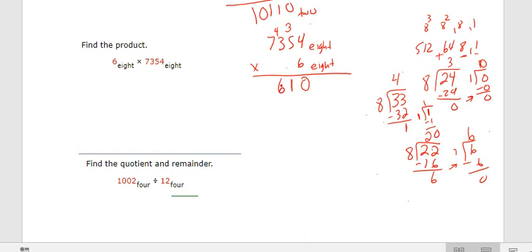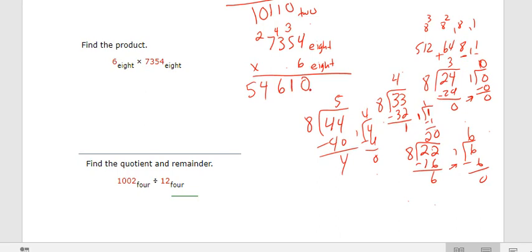So we write the 6, carry the 2. 7 times 6 is 42, plus 2 is 44. So we divide by 8 again. So 8 times 5 would give me 40. Remainder of 4, so we divide by 1. So 44 converted to base 8 is 54. And so our answer here is 54610 in base 8.